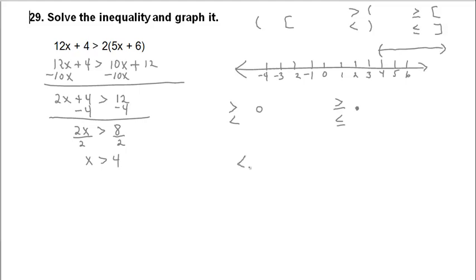So in this case, again, we draw our number line. And our starting point for this problem is a positive 4, and since it's just greater than, we use an open circle, and the values that are greater than are to the right.